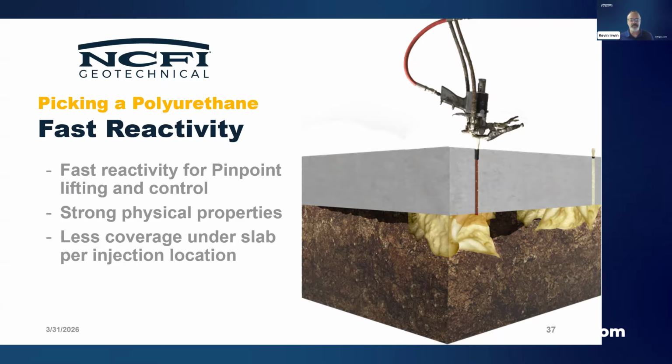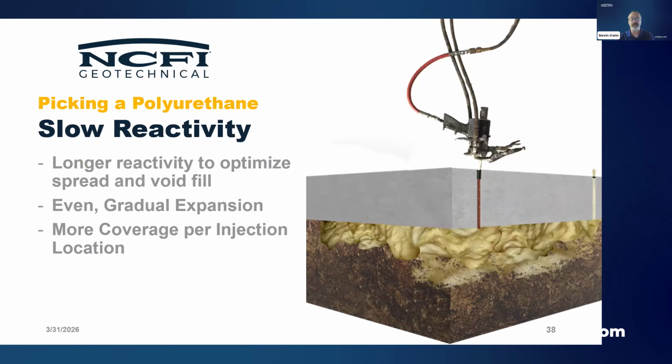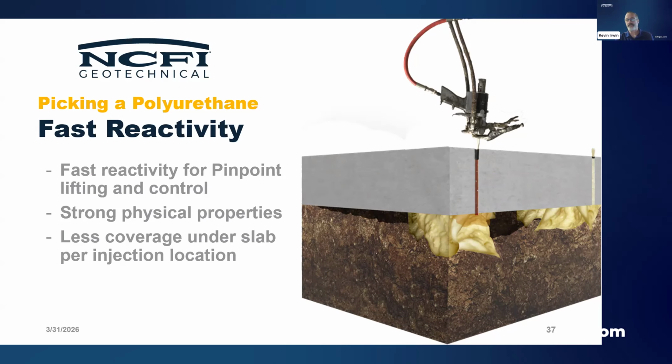It's going to spread some, even if you're using super fast foam like our 2.8 F. So you do need to watch out, because if the foam can't spread as far, you may leave voids under the slab. That can be addressed by using a slower reactivity foam, right? Or if you're using a fast reactivity foam, and that's what you have with you, drill more holes, drill the holes closer together to make sure that you're not leaving voids between your injection points.